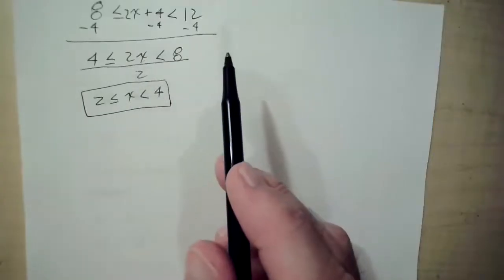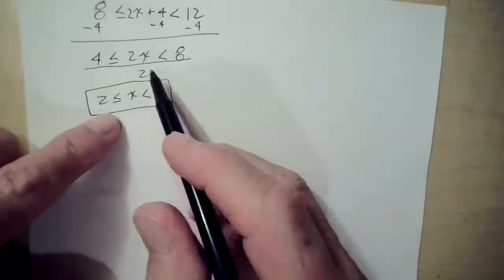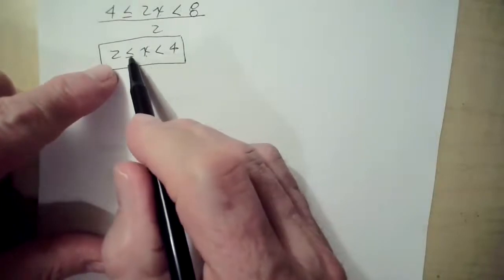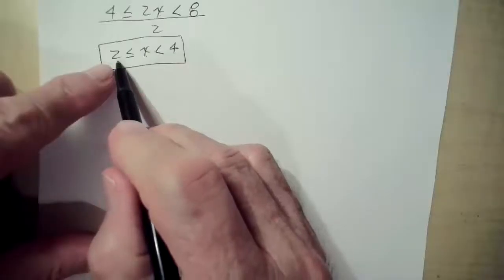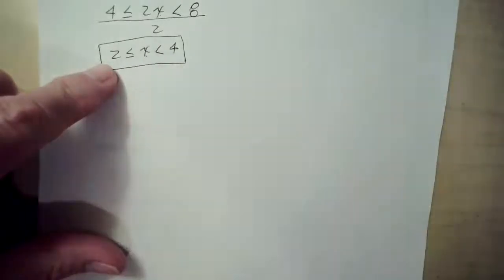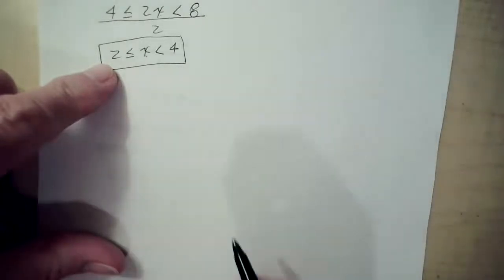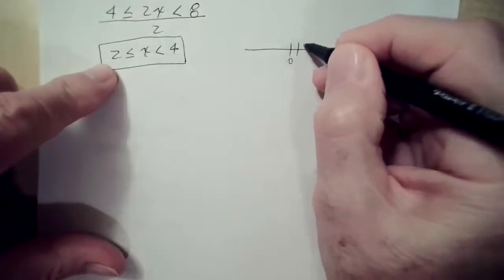But here we did not do that. We divided by a positive number, so everything stays the same. Now look, when you think of x, x is greater than or equal to 2. And x is less than 4. Okay?